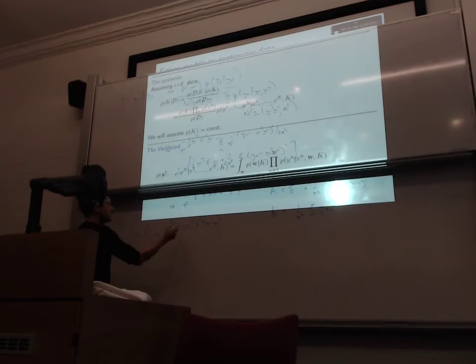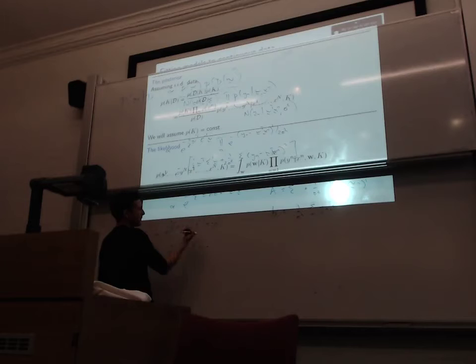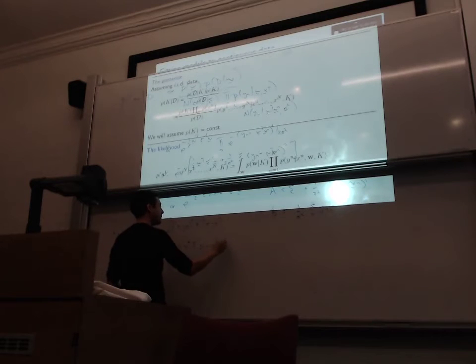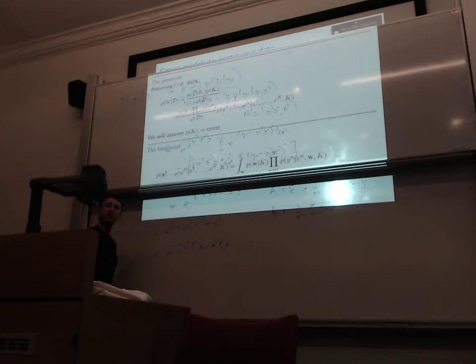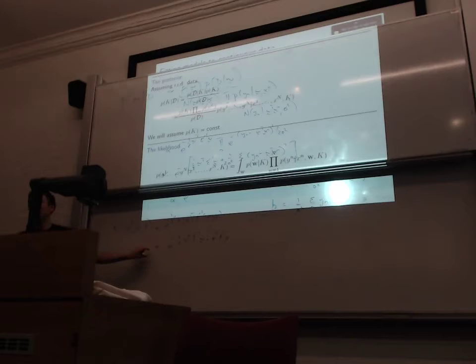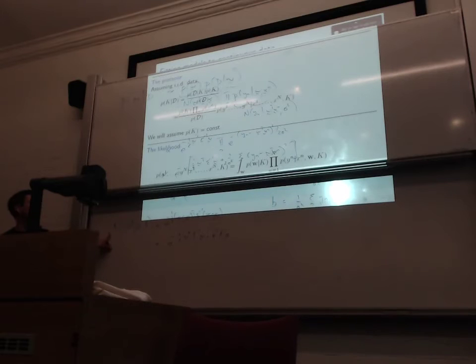So in other words, this is proportional to e to the -half W transpose sigma to the -1 W, the quadratic term, and the linear term is going to give W transposed sigma to the -1 mu, the 2 will cancel, plus some constant which is absorbed in the normalization, proportionality term.